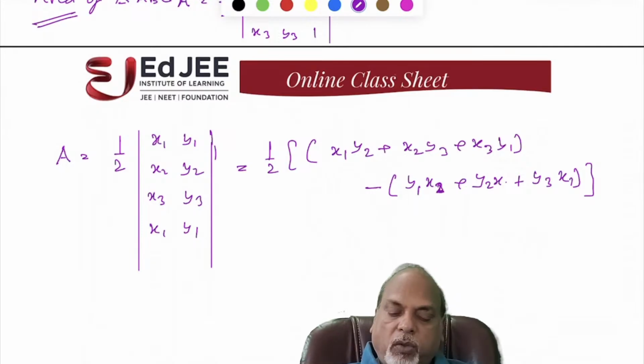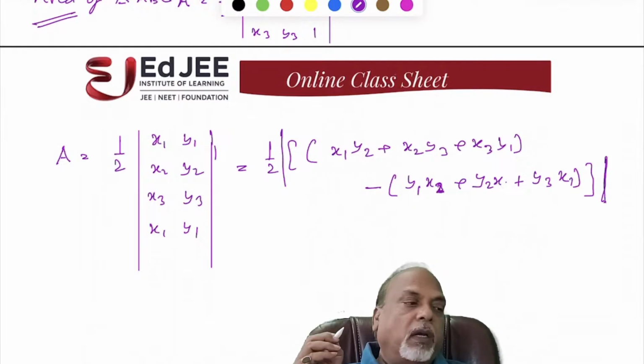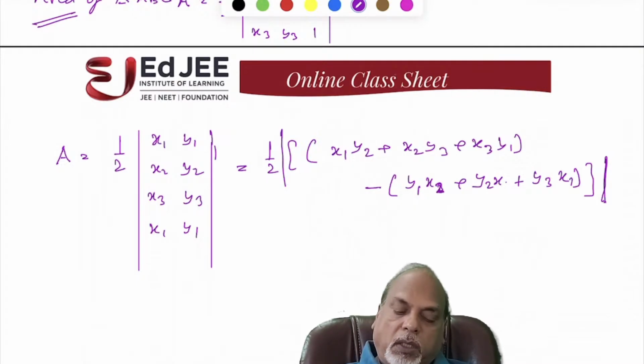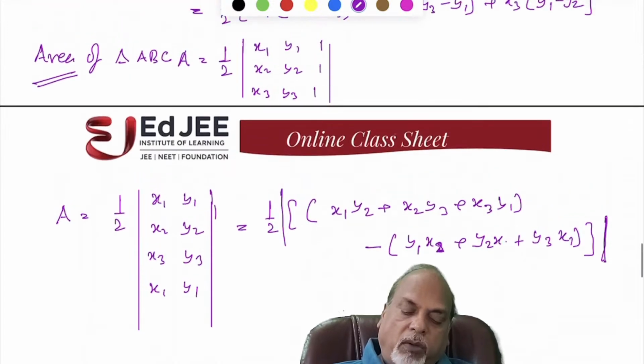Correct? Of course, you have to take the modulus of this, because my area cannot be minus. This method of finding the area is called the stair method.